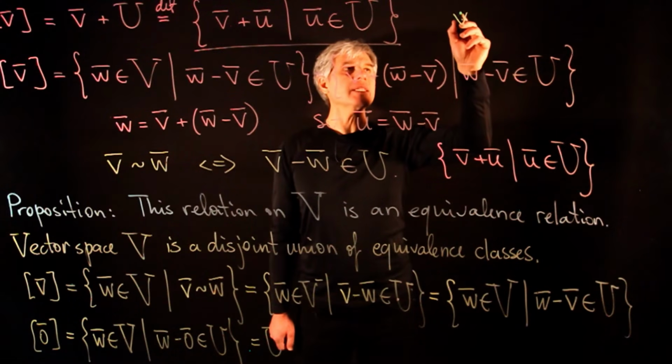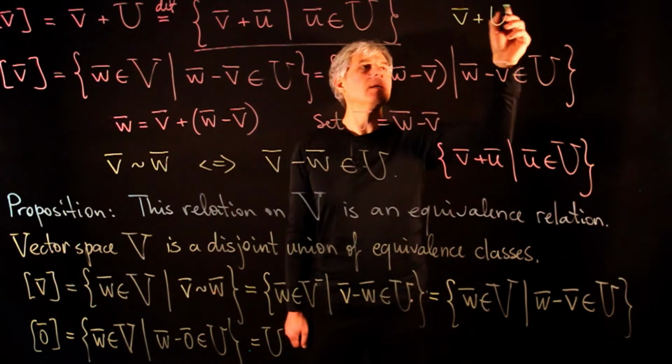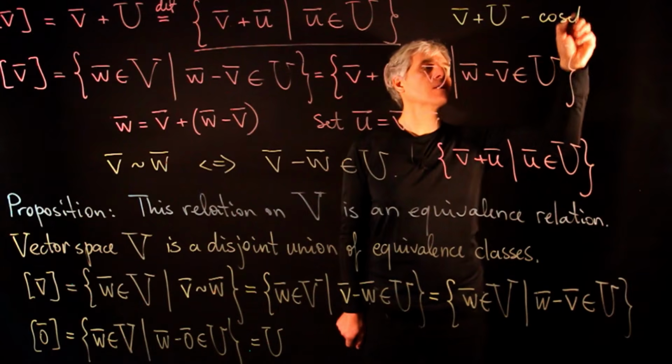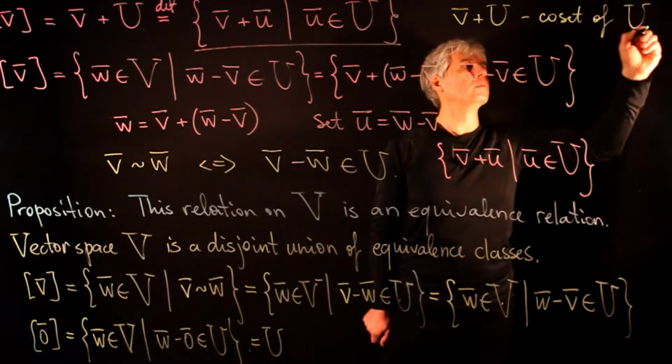For this set V plus U, we will sometimes use the terminology that this is a coset of U.